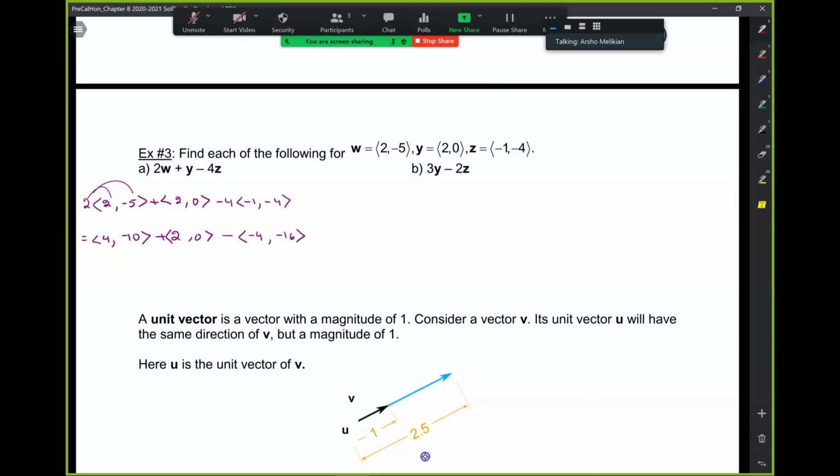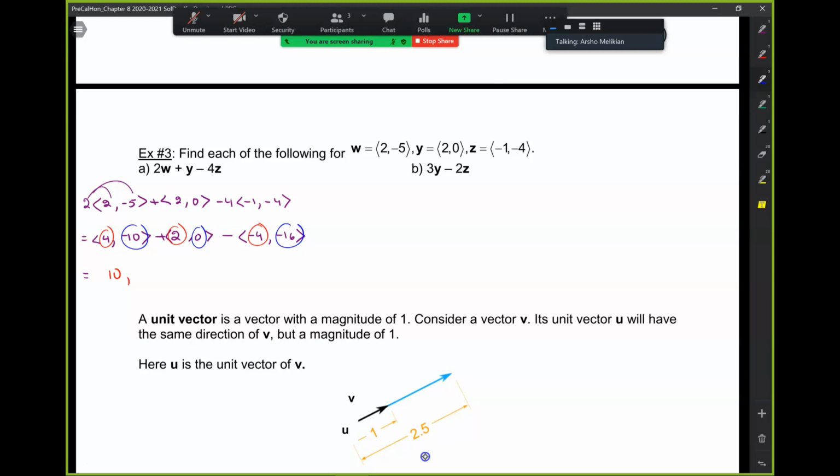So now, adding them up, you add up all of the A's. So it's 4 plus 2, 6, minus 4, 10, comma, -10, plus 0, plus 16.